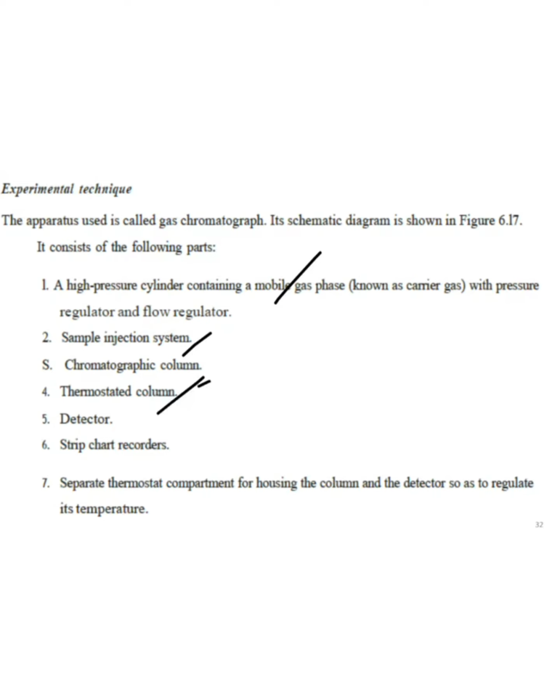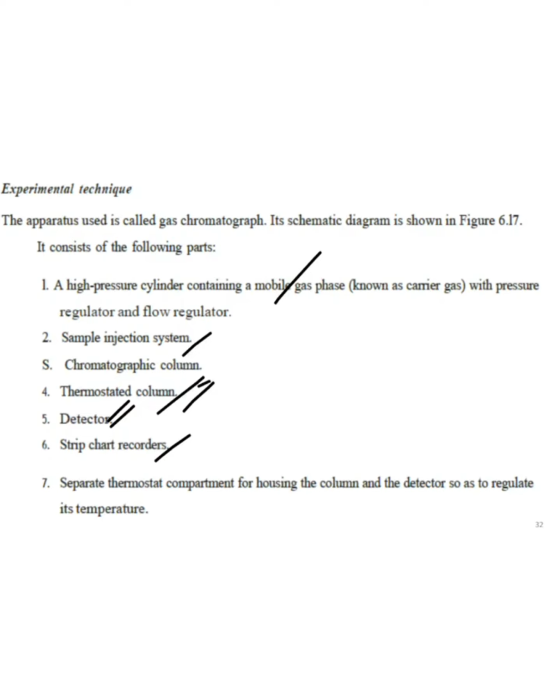Further, the separated samples are detected using detectors, and the chromatograms are formed and recorded, and strip charts are recorded. So this is the main experimental procedure in gas chromatography.